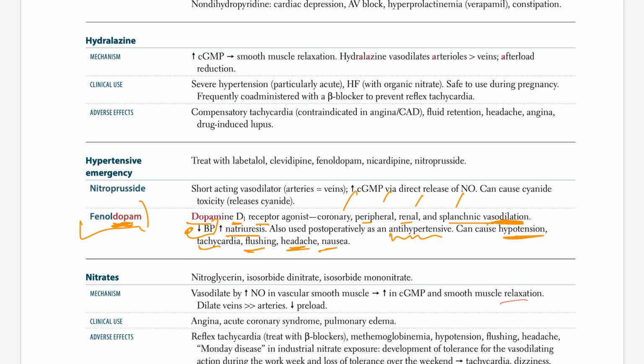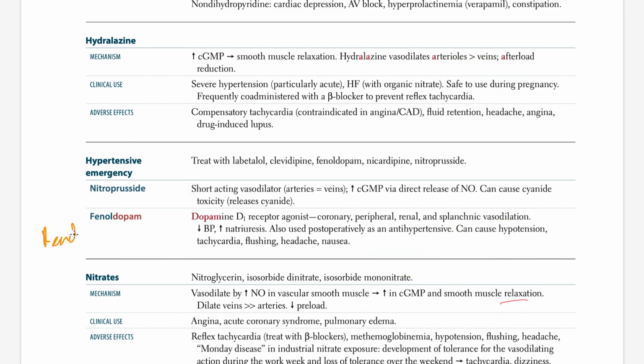Also, it is used in one more thing, called hypertension with renal insufficiency. So renal insufficiency. Fenoldopam, first of all, is short-acting.